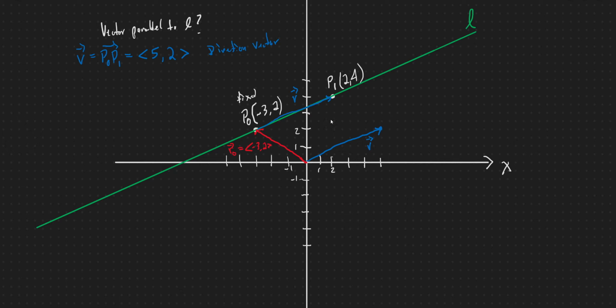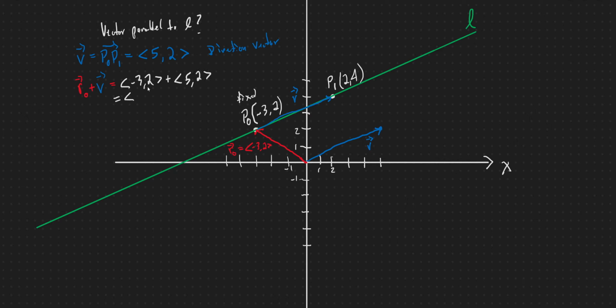And what can I do with this? Well, let's see what happens when I add R0 and V. What do I get if I take R0 and add V to it? Let's do V in blue there. R0 is negative 3, 2, so this will be negative 3, 2 plus 5, 2.